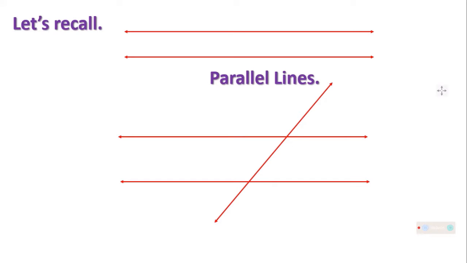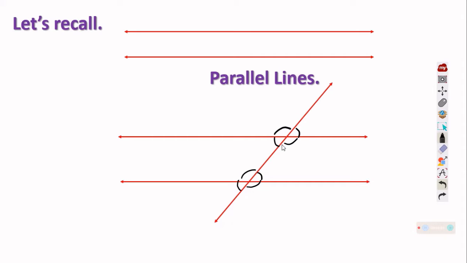When a transversal is drawn across parallel lines, as I told you, angles are formed. These are the angles formed, correct? And we named them also.